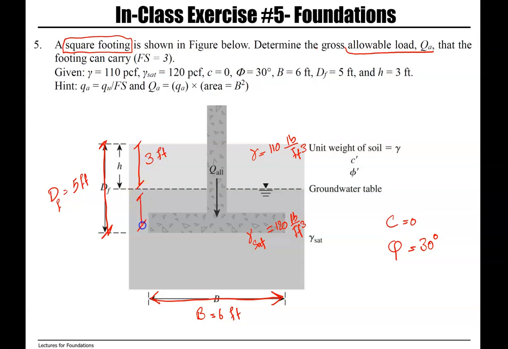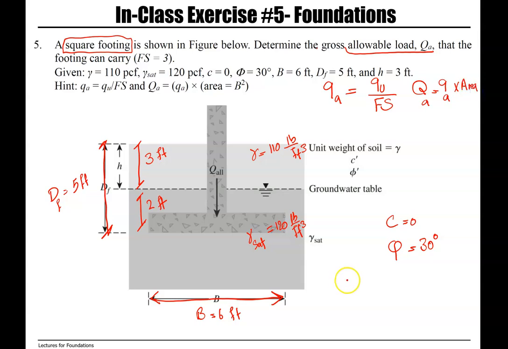And D, from groundwater table to the bottom of footing, is 2 feet. So we need to calculate allowable bearing capacity, which is ultimate bearing capacity divided by factor of safety. And then allowable load is allowable capacity times area.